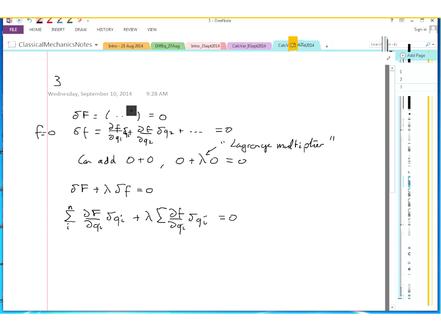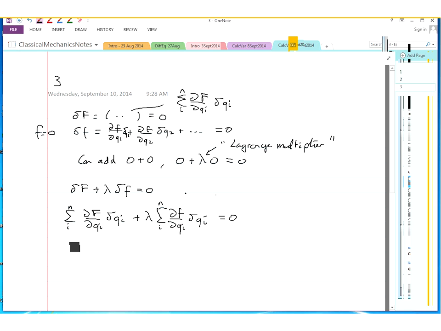This thing here, for example, is just the sum of the di F by di Qi's delta Qi, and this one here can also be written as a sum from i equal 1 to n.